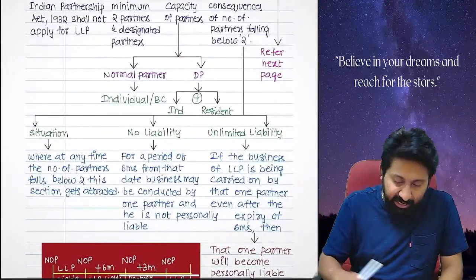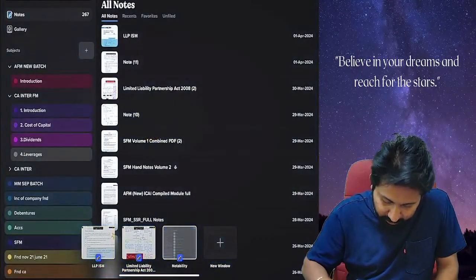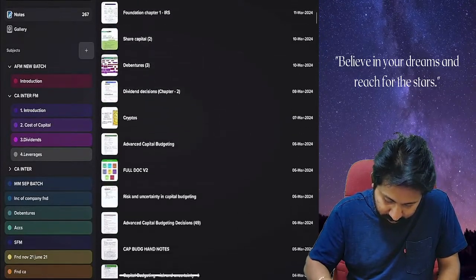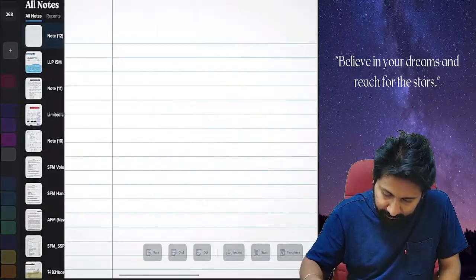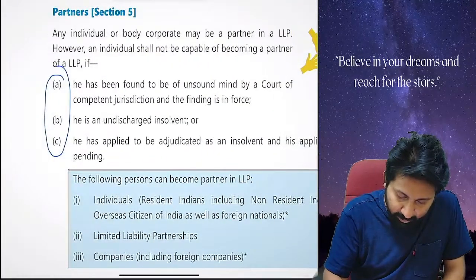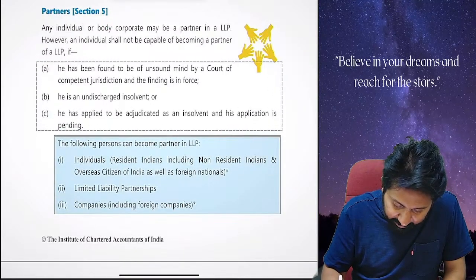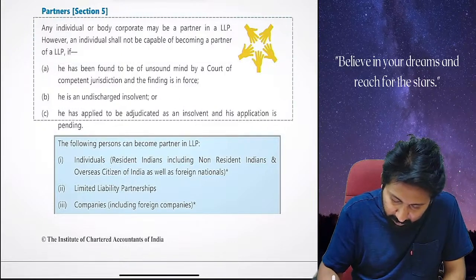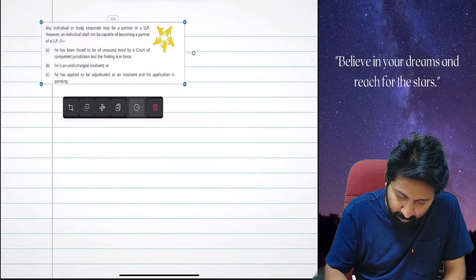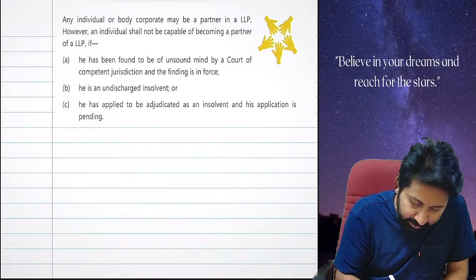For our understanding sake in the class, I am putting both the sections in one set. Okay, this is section 5.